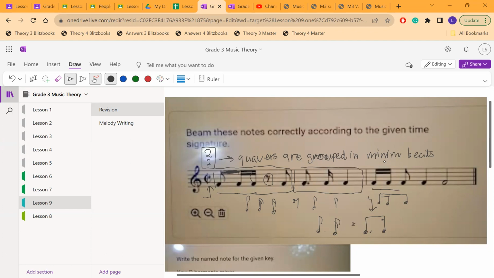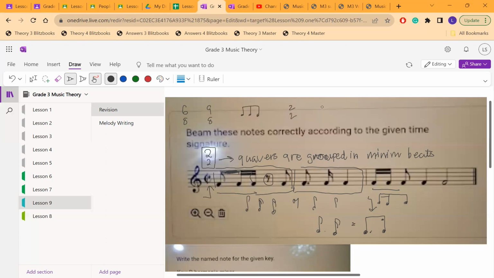So with time signatures, the bottom number will always tell you, no, it only works with simple time, but the bottom number will always tell you what kinds of notes the quavers are grouped in. Only works with simple time because you know that in compound time, 6/8 and 9/8, quavers are always grouped in 3.